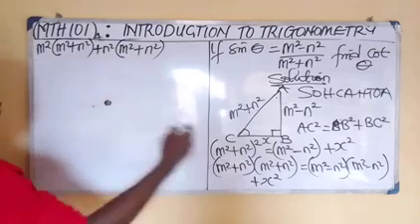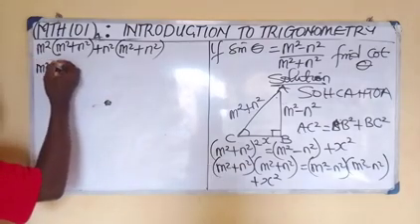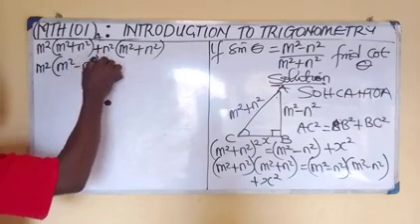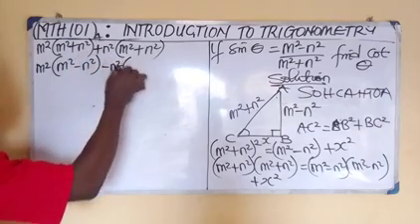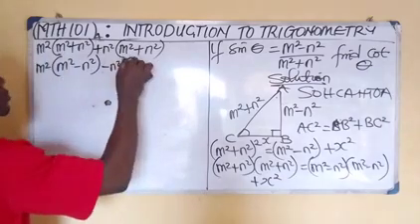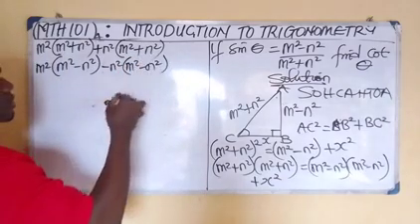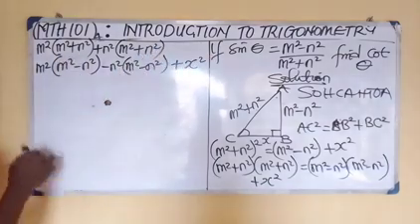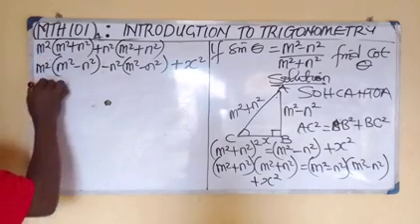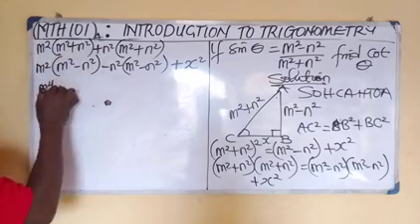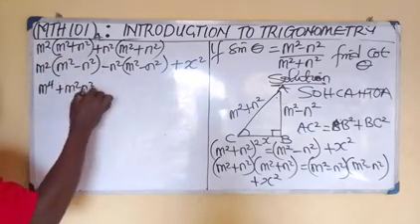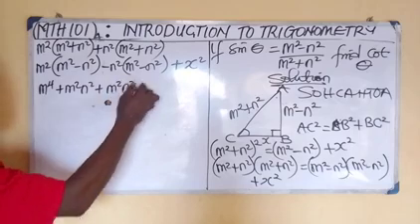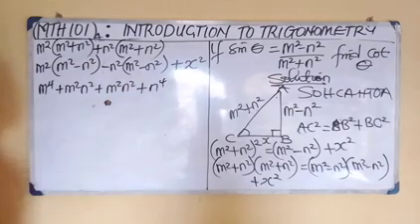Then as for the other one, where I'm having M squared open brackets, M squared minus N squared. The next one is what? Minus N squared, right? So M squared minus N squared, plus X squared. So let me open a bracket. This time I have M4, plus M squared N squared, plus M squared N squared, then plus N4.